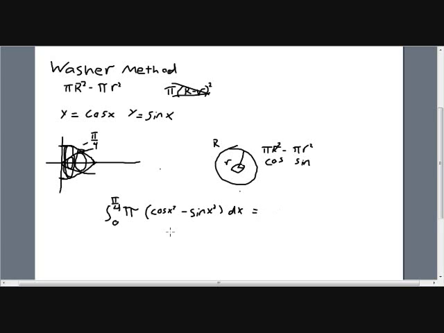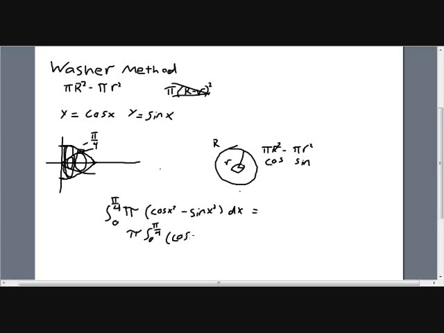We can pull the pi out to the front of the integral, so we don't have to worry about integrating it. And we can also simplify the area equation quite simply. If you recall your double angle formulas, you can easily recognize that cosine x squared minus sine x squared is equal to cosine 2x.